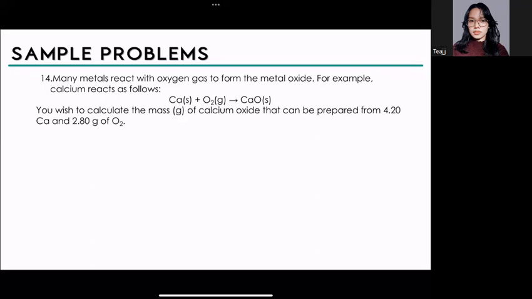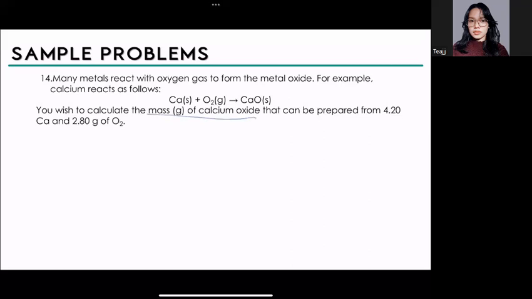So again, we're given the masses, the starting quantities of our reactants, meaning we have to determine the limiting reagent first before doing whatever is required doon sa problem. And then afterwards, kung saan yung limiting reagent, kung ilan yung na-produce niya na moles of the product, i-convert natin into grams of calcium oxide.